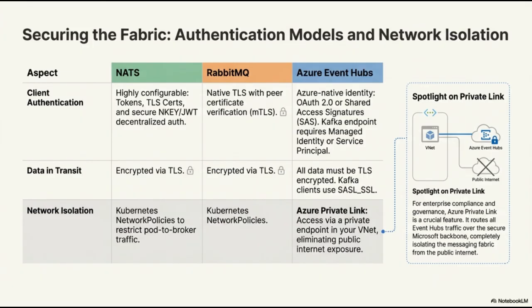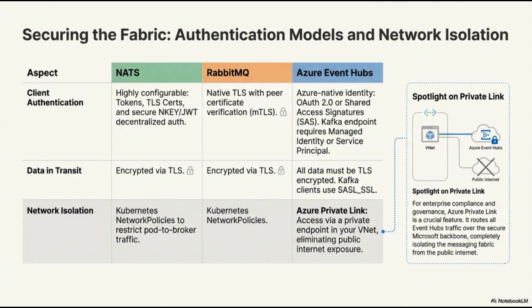RabbitMQ leverages native TLS with mutual authentication, or MTLS, for peer certificate verification. In the Azure ecosystem, Event Hubs utilizes Azure native identities, such as OAuth 2.0 or shared access signatures. Notably, its Kafka endpoint mandates the use of a managed identity or service principal for robust access control.